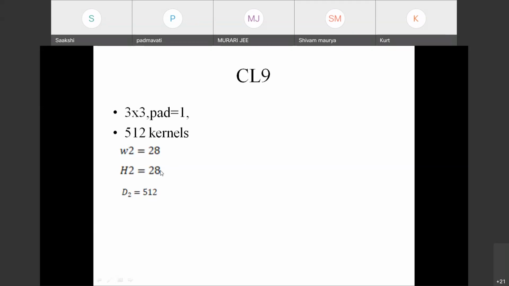So output volume will become 28 cross 28 cross 512. Just try to compute number of parameters required for this layer. Yes, very much correct. Let us move to the next layer.